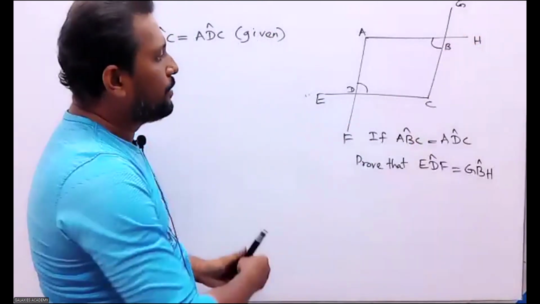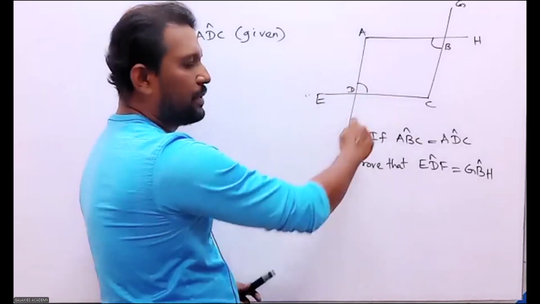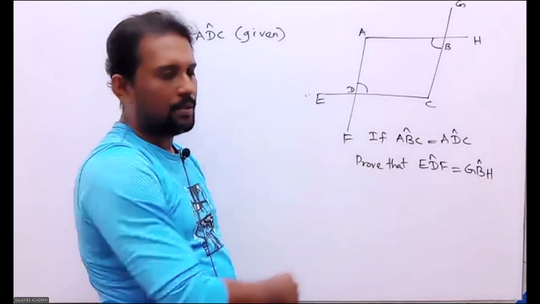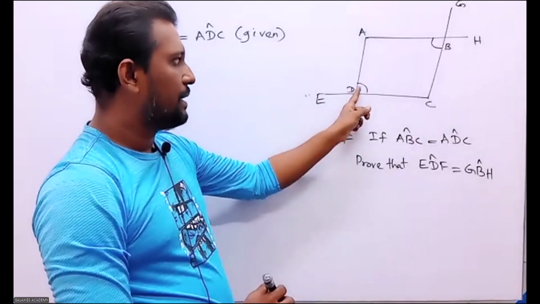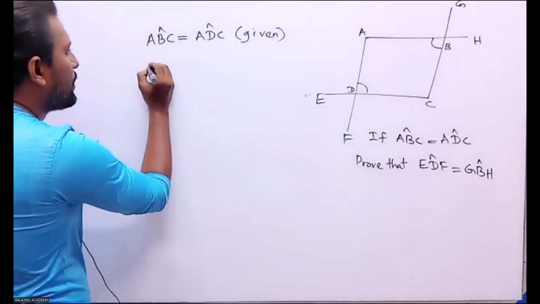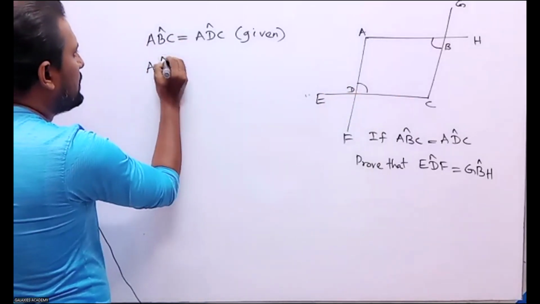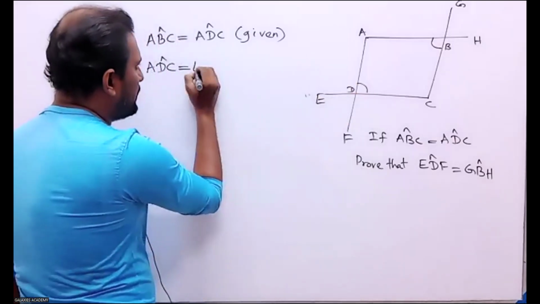Can you tell me these two are which type? X shape, vertically opposite angles. So first I can write the relationship between these two angles: ADC angle equals EDF angle.